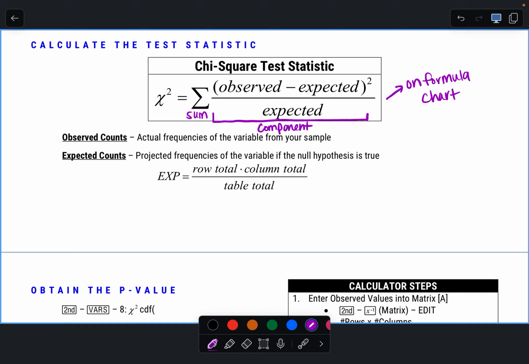But sometimes there are situations where they'll ask you for an expected count. Even if it's a single cell, if you don't want to worry about doing that particular formula, you can just go in, run the test, get all of the expected values, and find the one you need. That's probably your best approach, because again, it could be too time-consuming, not worth it at the end of the day.